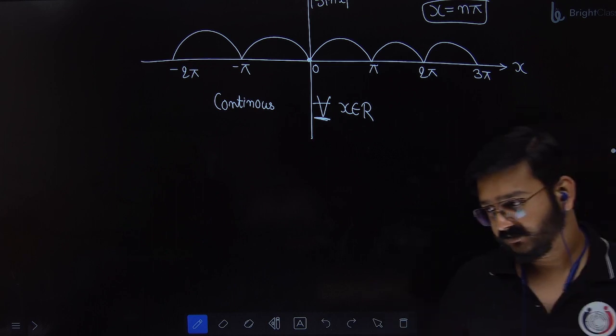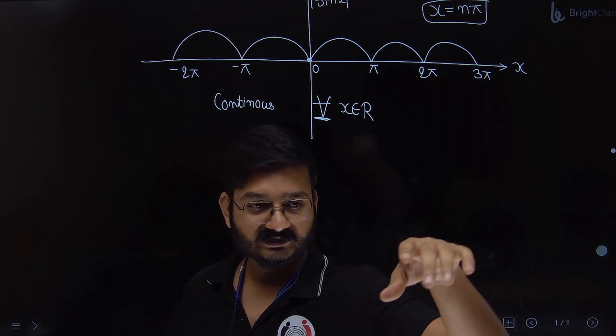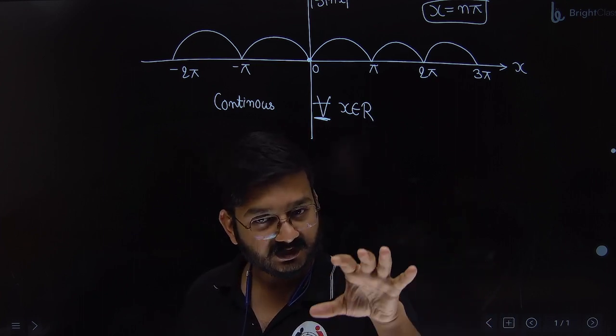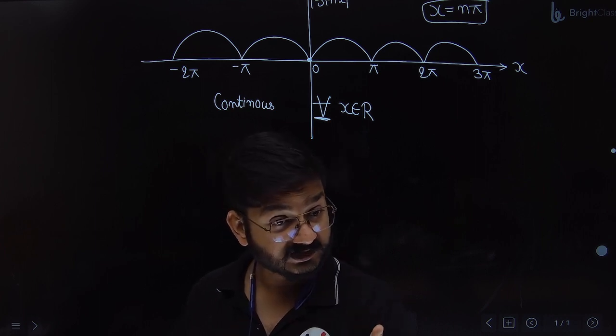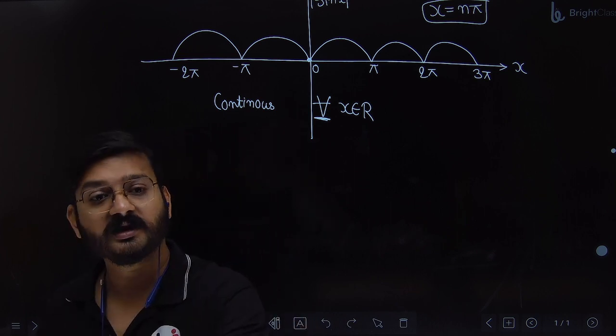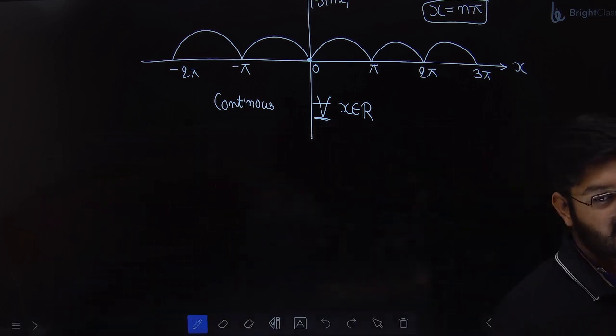Now write down one more statement. Now the statement is the reverse. Now we will say that if a function is differentiable at a point, it has to be continuous at that point. Okay, write down the statement.